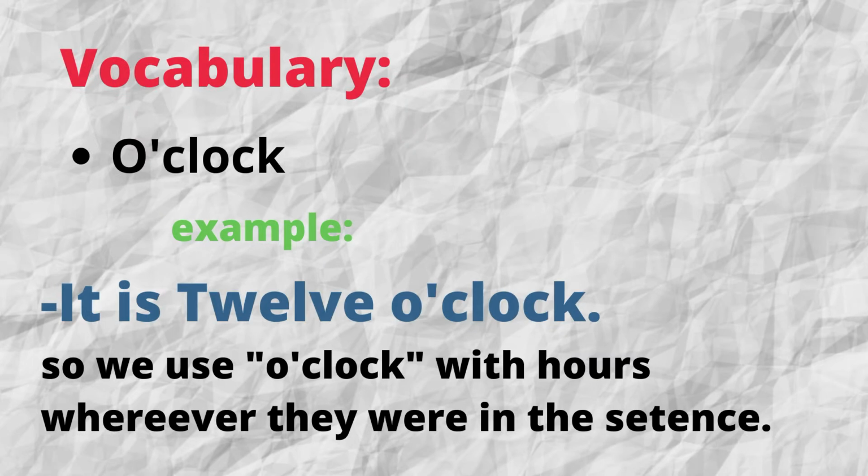We use the word o'clock with hours when telling the time. Example, it is 12 o'clock. 12 shows the hours. When we tell the time and it shows only hours and no minutes, we use o'clock with the hours.